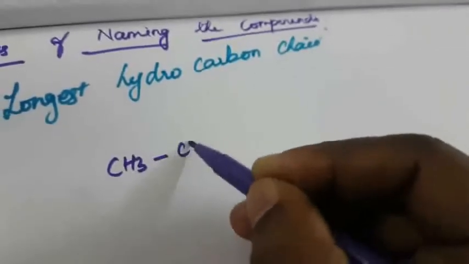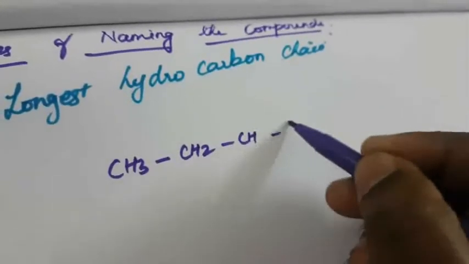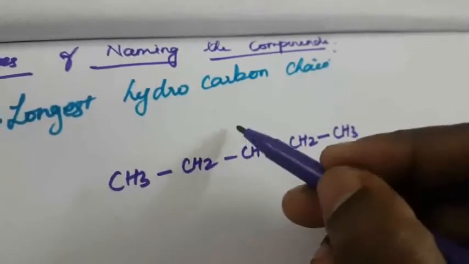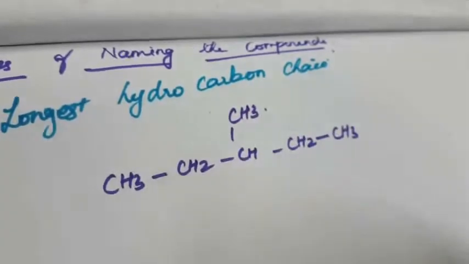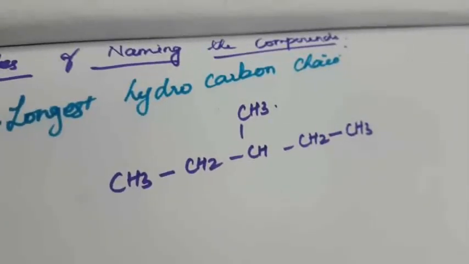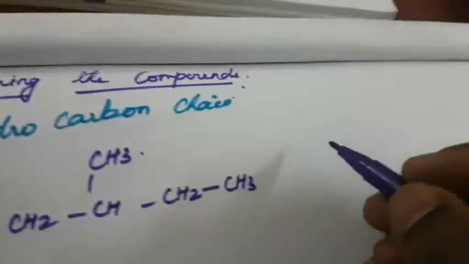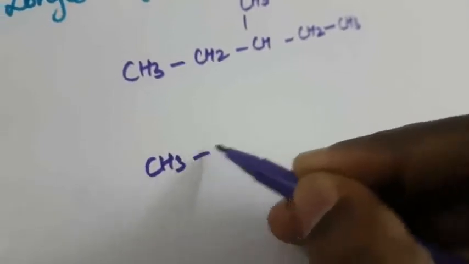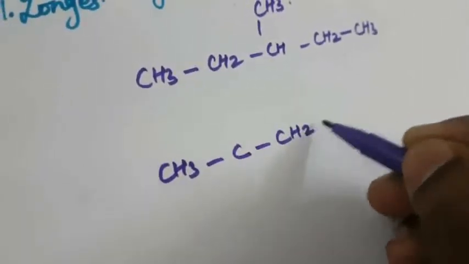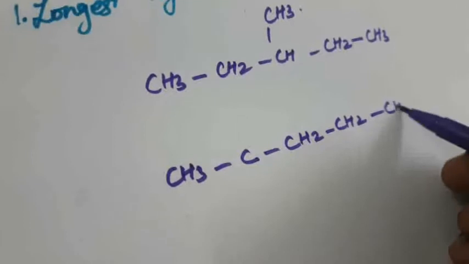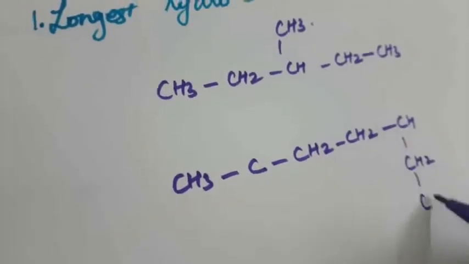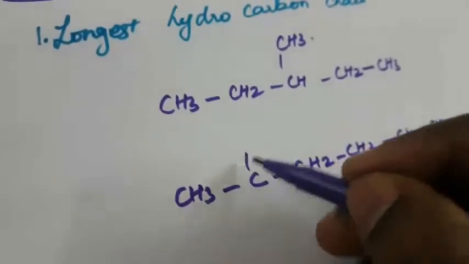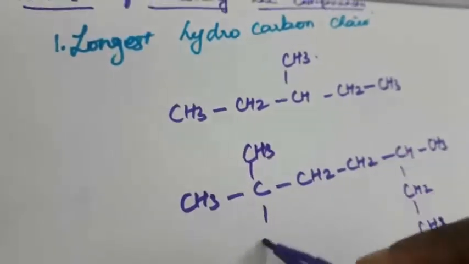CH3, CH2, CH, CH2, CH3, this is one compound. Another compound is CH3, C, CH2, CH2, CH, CH2, CH3, with CH3 and CH3 branches.